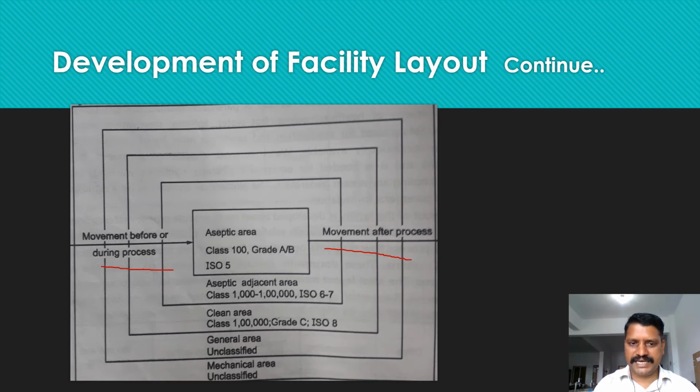The next area is a clean area, class 1 lakh area or grade C, and ISO 8 area. The next area is the general area, unclassified, and the outermost area is the mechanical area, unclassified. So this is the structure of the floor plan of a manufacturing unit of sterile dosage form.